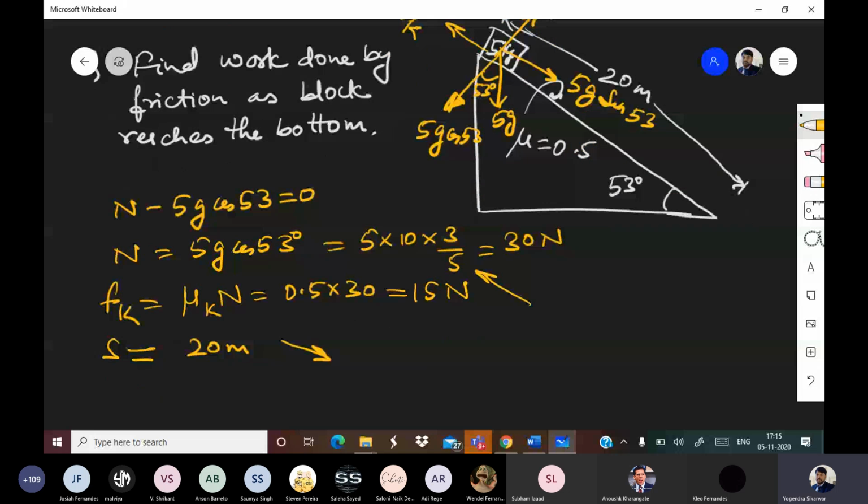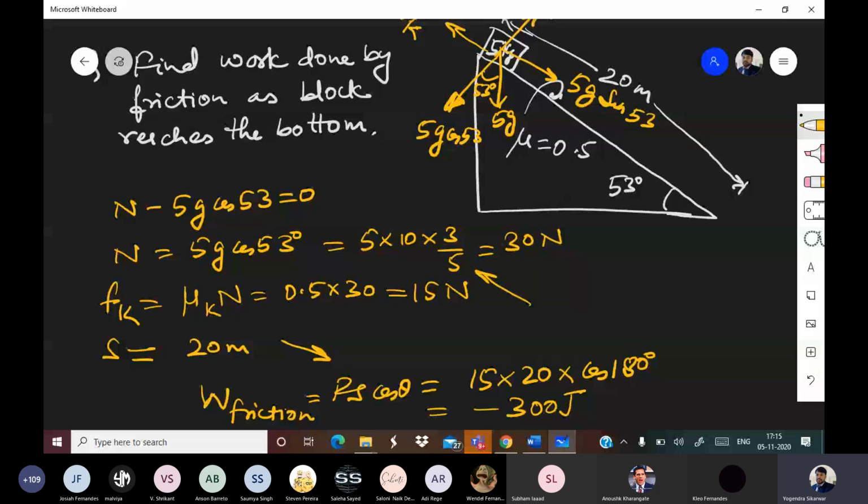F is 50, S is 20 into cos 180, because the angle between force and displacement is 180 degree. That comes out to be minus 300 joule.